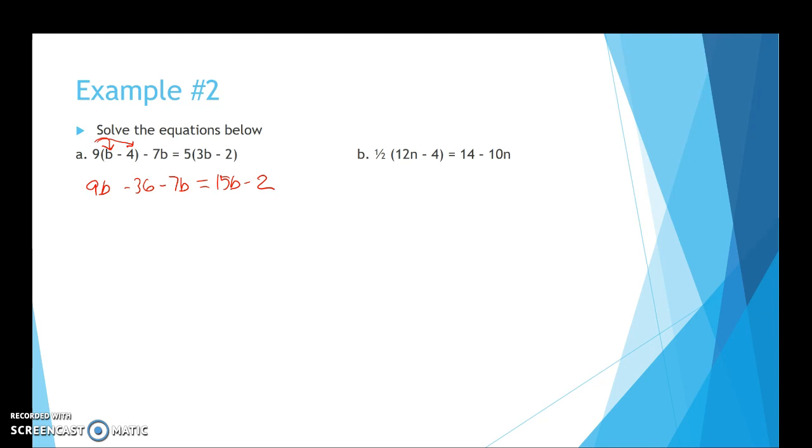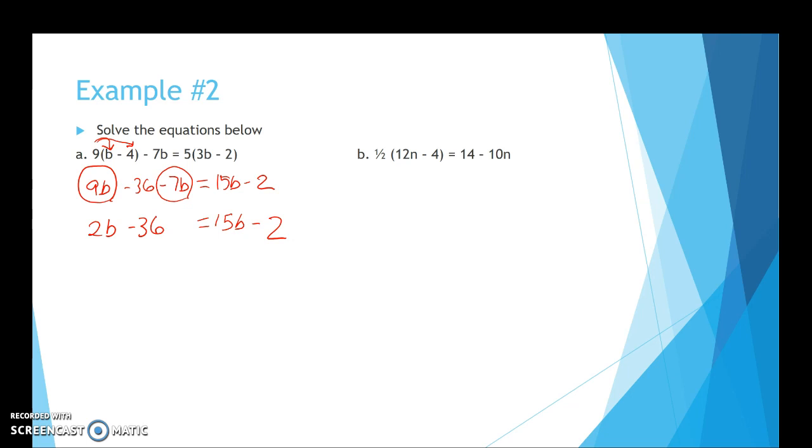I'm going to combine like terms on the left side. So 9b and negative 7b, that's going to become 2b minus 36 equals 15b minus 2. I'll get the b's on one side and I'll get the numbers by themselves on the other.